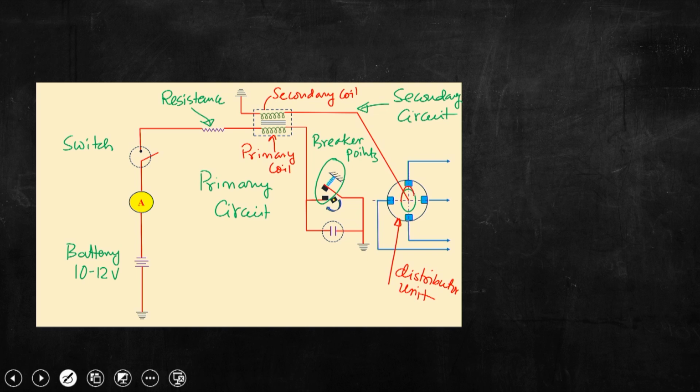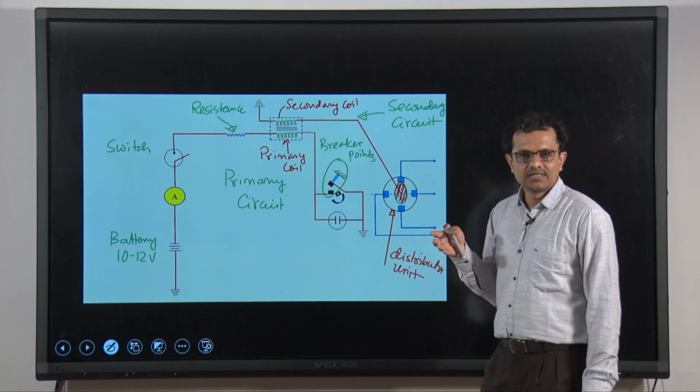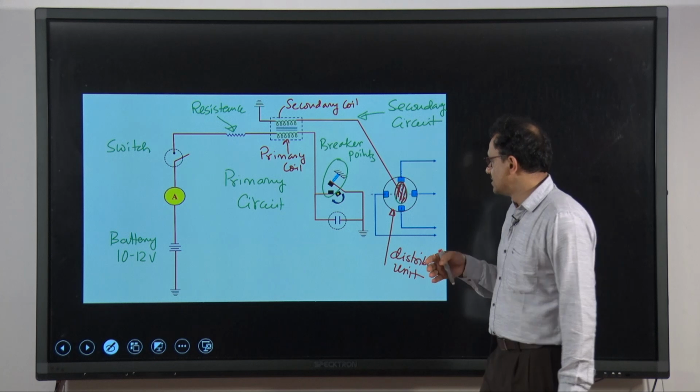So, ideally this cam is connected to one of these points, and this cam will be rotating, again this cam is connected to the engine shaft, and when the cam is getting connected to these points in a cyclic manner, when it is connected to the upper point, then this point is getting charged and energy is going to the spark plug of, if it is a multi-cylinder engine, then essentially the energy will be going to the spark plug of all cylinders.